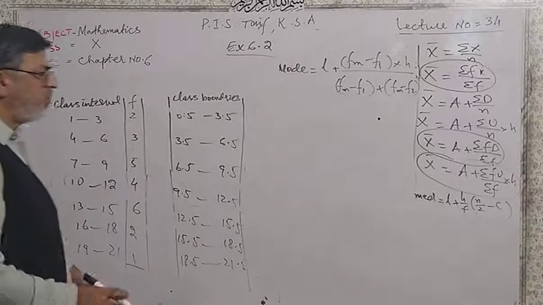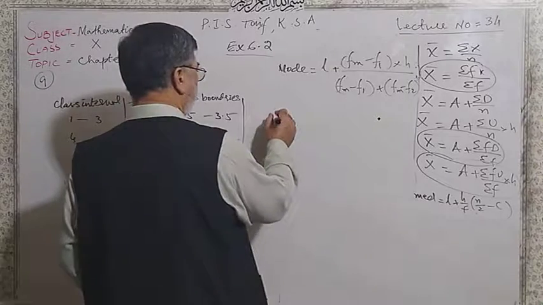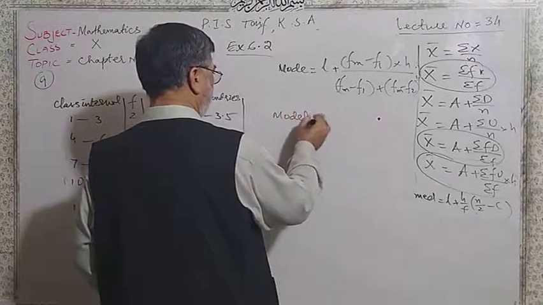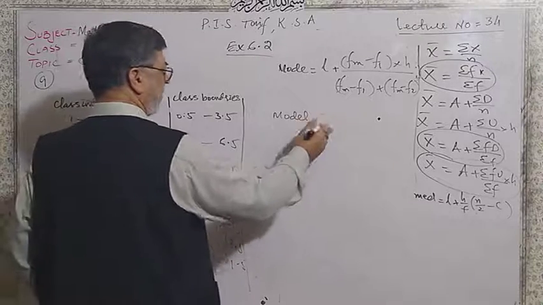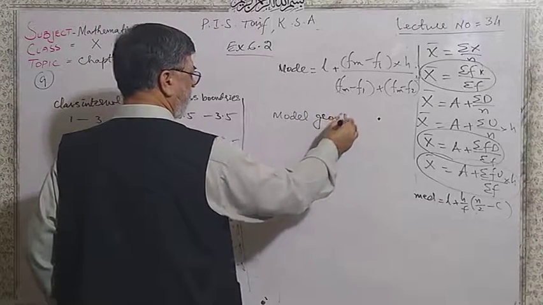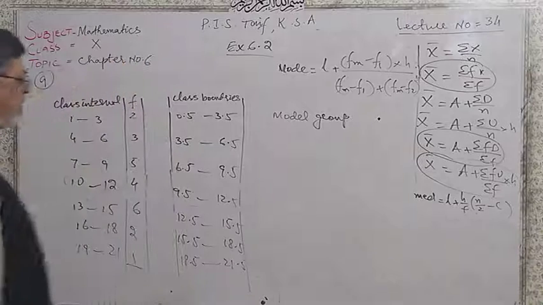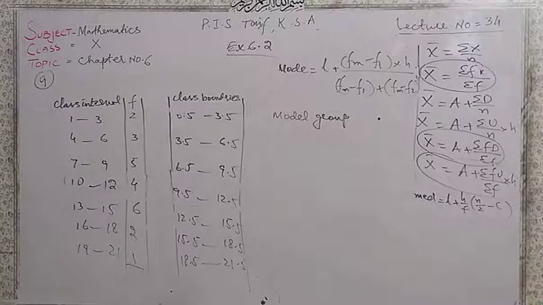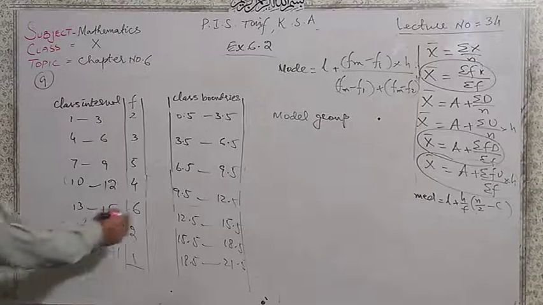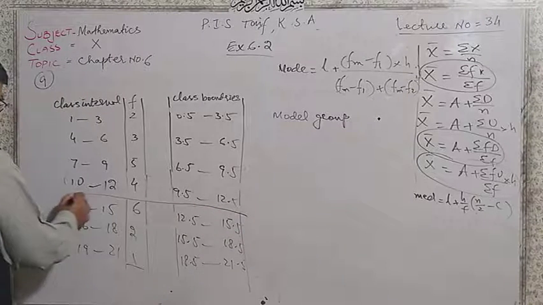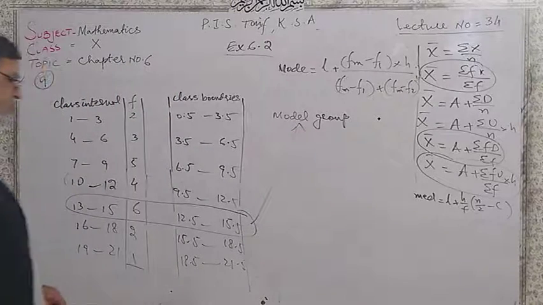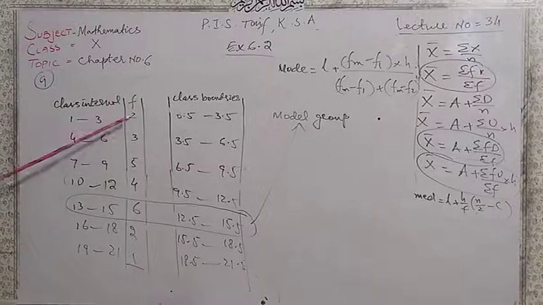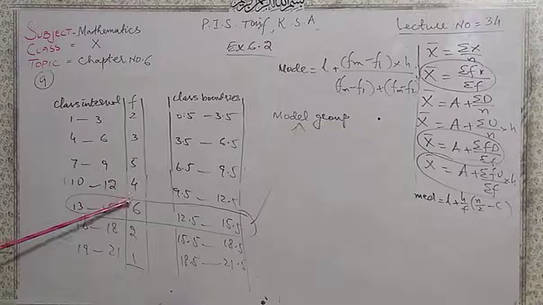Dear students, to find the modal group is very simple. The group that has maximum frequency. We can check the maximum frequency is 6. So we can have this group as the modal group because it has maximum frequency.